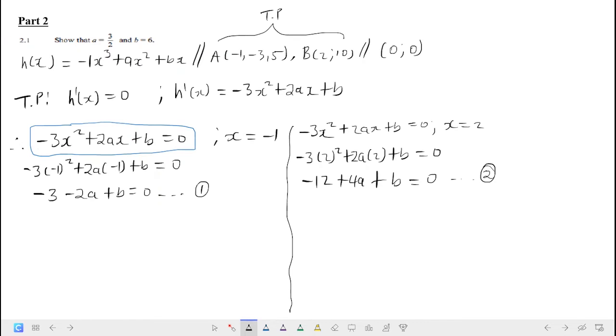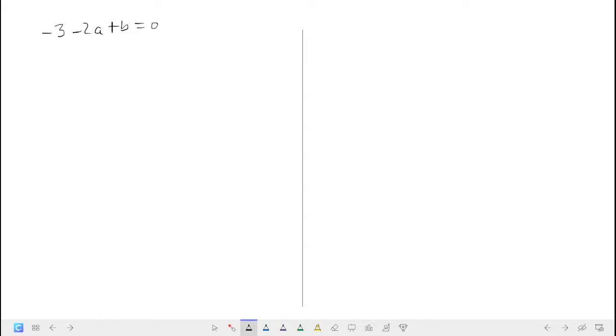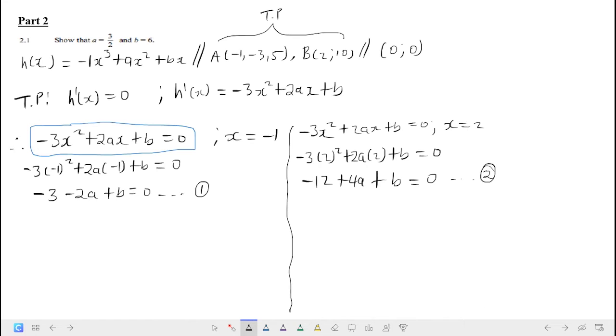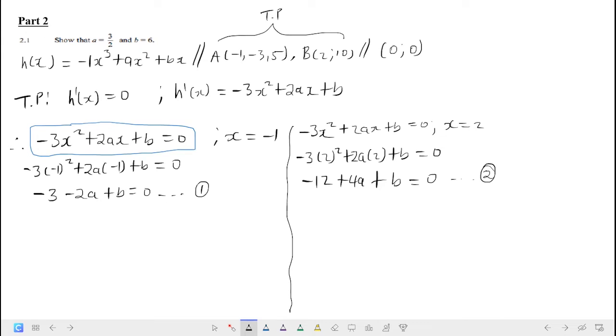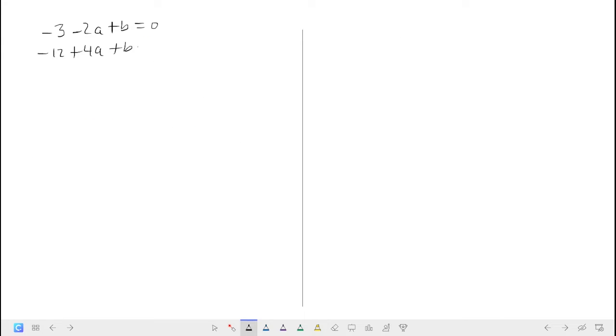And the second one is minus 12 plus 4a plus b equals 0. So now from here, we're going to take the first equation and subtract the second equation. So this is simultaneous equations by elimination, right? So what is it we're trying to eliminate here? We're trying to eliminate b.